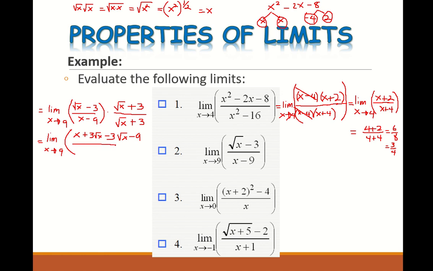Then for the denominator, we just copy them. So x minus 9, multiplied by square root of x plus 3.